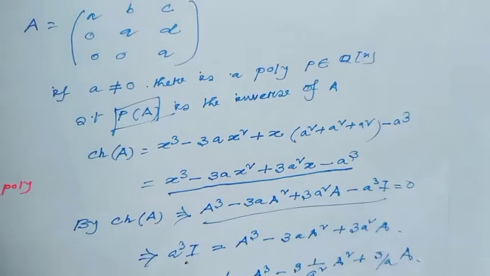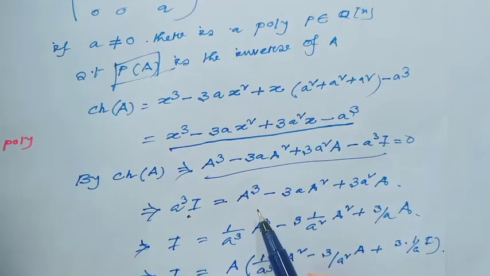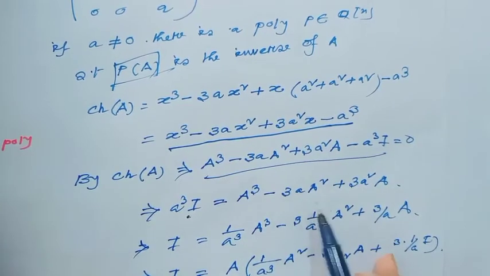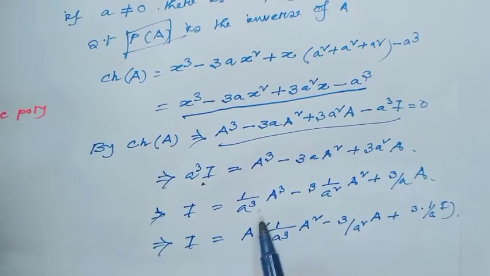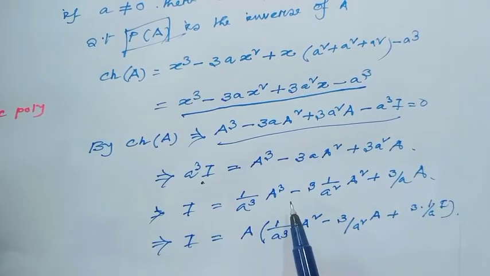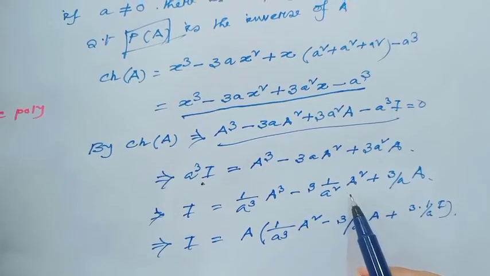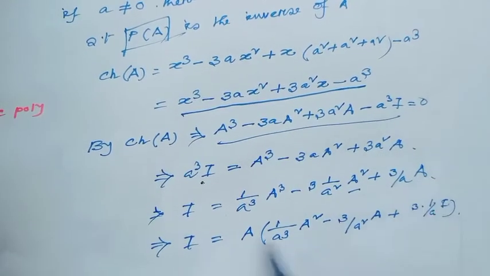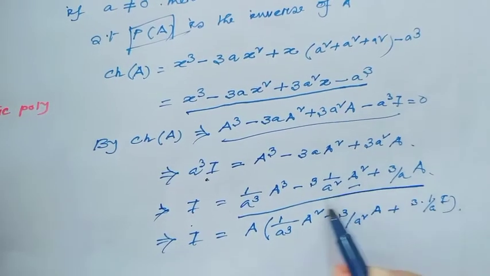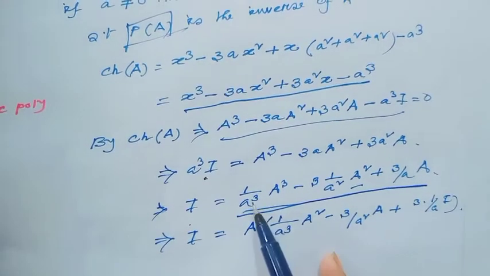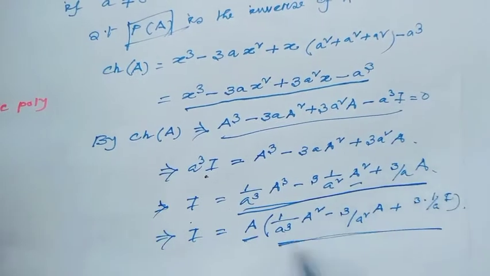From this expression, a cube times identity equals A cube minus 3a A square plus 3a square A. That means identity equals 1 over a cube times A cube minus 3 times 1 over a square A plus 3a equal to A. If we take A common from this equation, then this would be A times this expression.